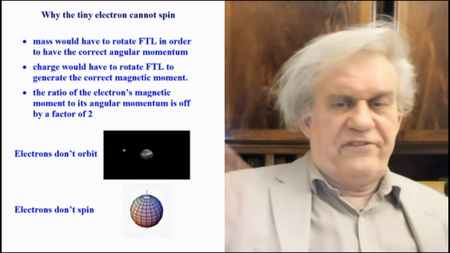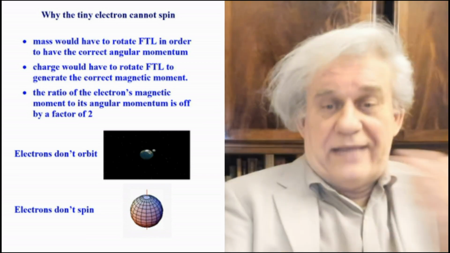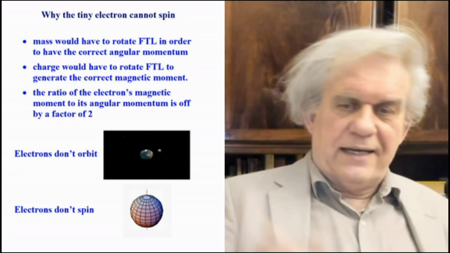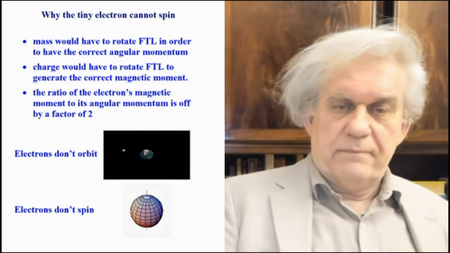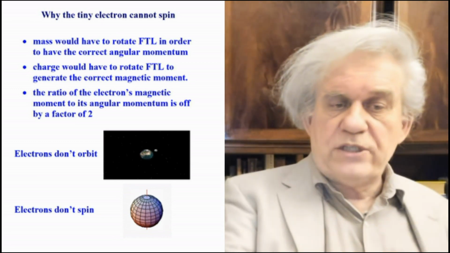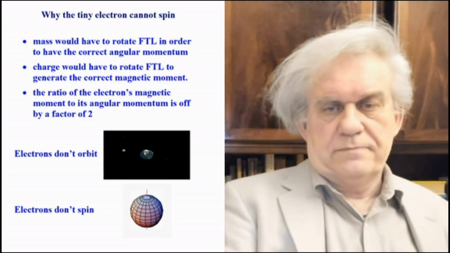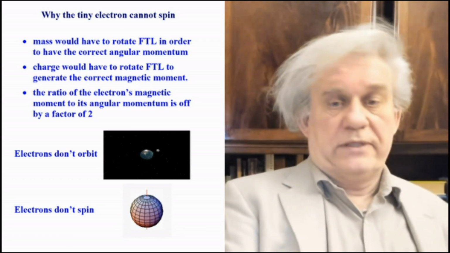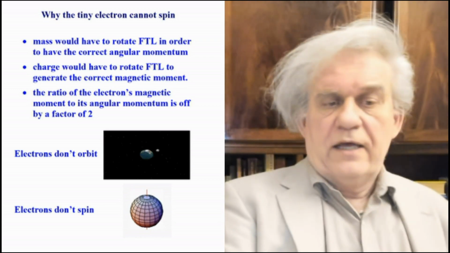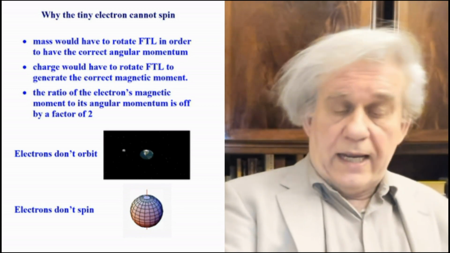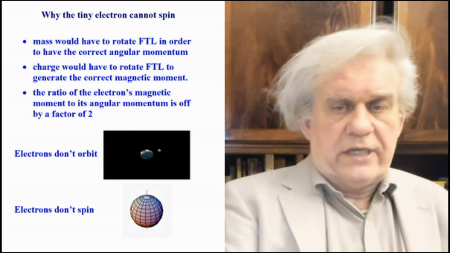That means that whole field, that halo that surrounds the electron, would also be spinning faster than light because of these calculations. And the ratio of the electron's magnetic moment to its angular momentum is off by a factor of 2. So if they do the calculations, that's what they end up with. They said then it cannot be spinning. Therefore, the electrons don't spin and they don't orbit either.